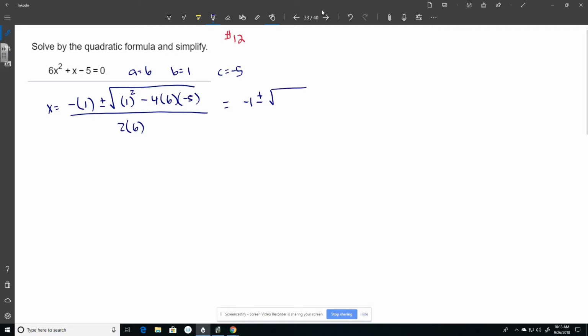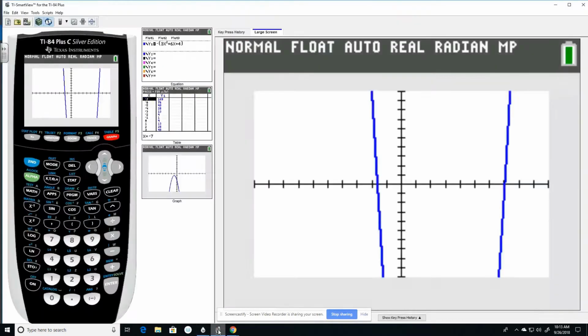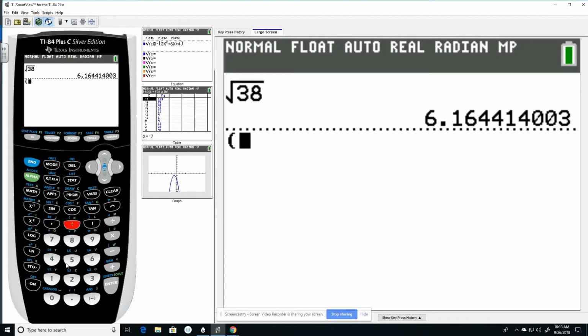This whole thing right here, the discriminant, you can plug right into your calculator. You just need to make sure to do the parentheses in the right place. So I can just go to my calculator and I can make it look exactly the same. 1 in parentheses squared minus 4 parentheses 6 close parenthesis, and then c was what?